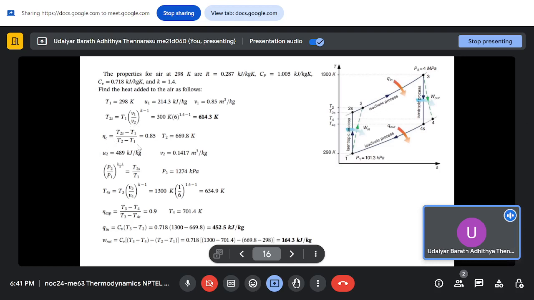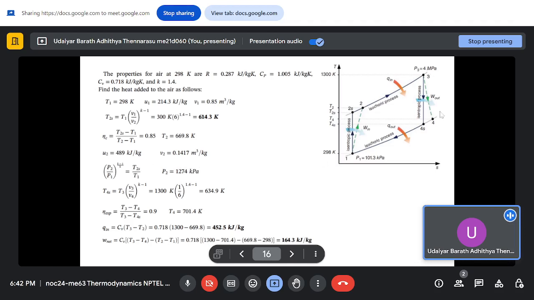You can find out internal energy, which is 489 kilojoule per kg, and V2 is nothing but V1 by 6, so it will be 0.1417. And similarly you can find out pressure at state 2. So P2 by P1 equals T2s by T1 raised to the power gamma by gamma minus 1. From this we know all except P2, so we can find out P2 as 1274 kilopascal.